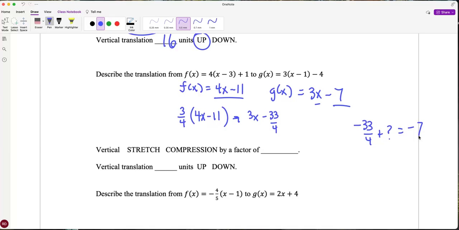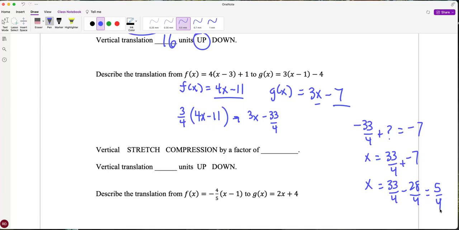So let's just call that a variable x. So x is going to be 33 over 4 plus negative 7. It is what? 33 over 4 minus 28 over 4. So that is what? 5/4. So I need to be able to add 5/4.